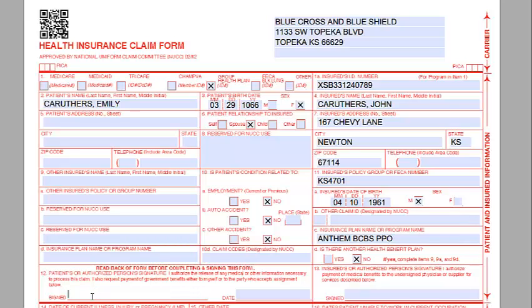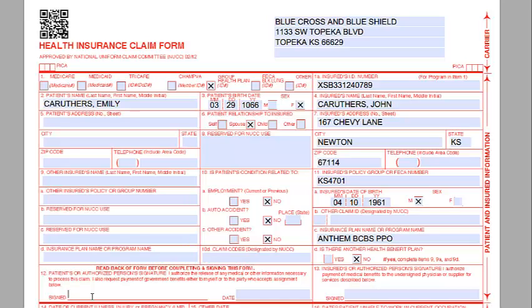Item number 12 is where the patient signs to release any type of medical records from the physician's office to the insurance company, should the insurance company need to see medical records in order to process or adjudicate the claim. Now, patients don't sign these forms anymore.